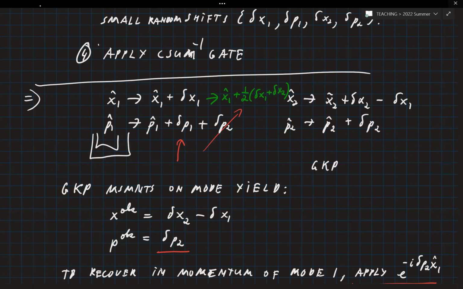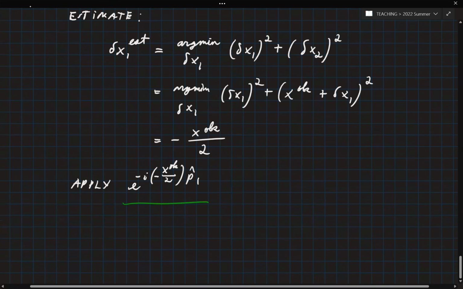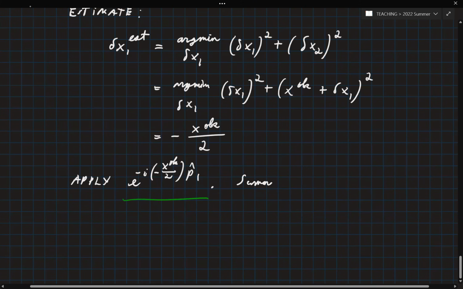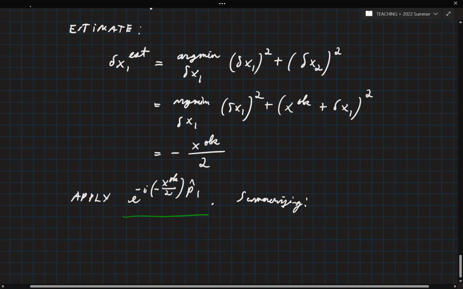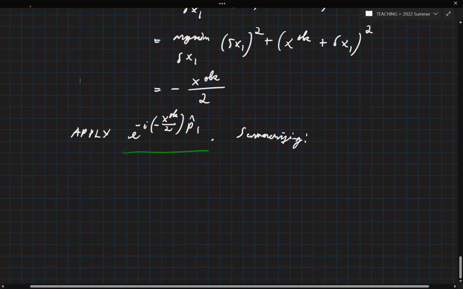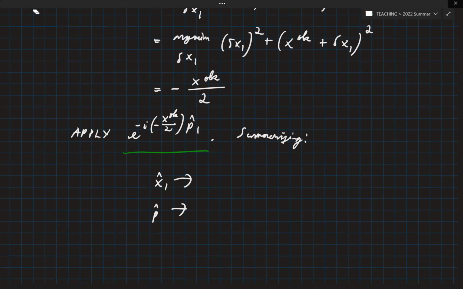So in the end, summarizing, we've reduced the noise in our logical mode as follows. X1 has gone to x1 plus delta x1 plus delta x2 over 2. And P1 has not changed.